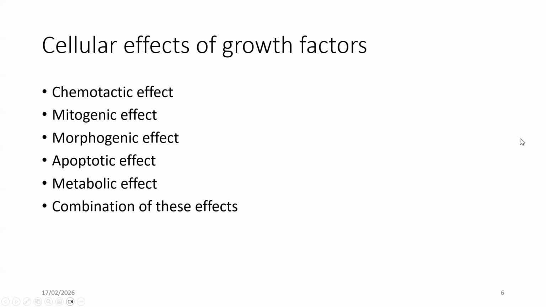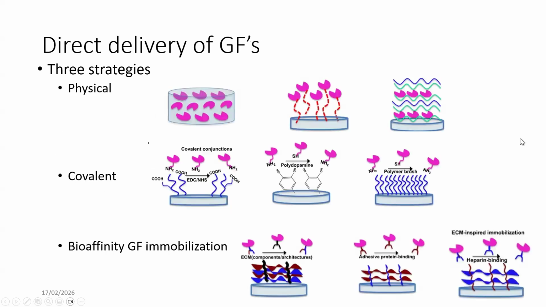Now let's look at how these growth factors can be directly delivered. How can they be delivered onto a scaffold? There are three basic strategies. Number one is physical. Second is covalent, which means there's definitely stronger bonding. And the third is bioaffinity, which is bioaffinity growth factor immobilization.